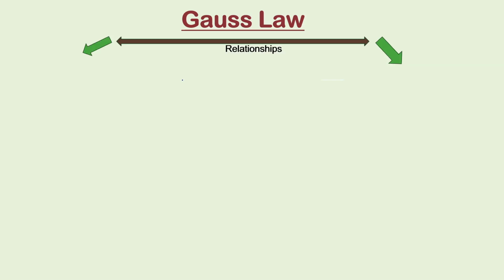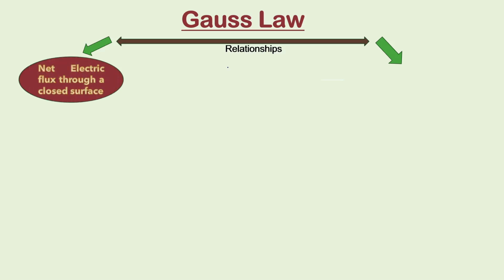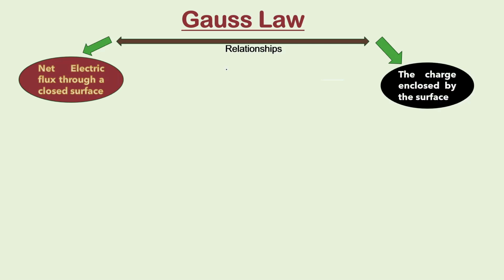Gauss law basically gives the relation between the net electric flux through a closed surface and the charge enclosed by the surface.